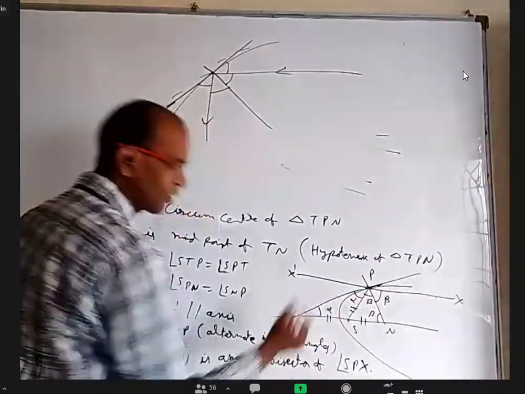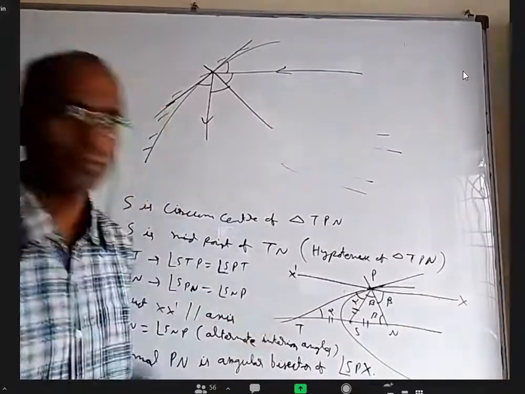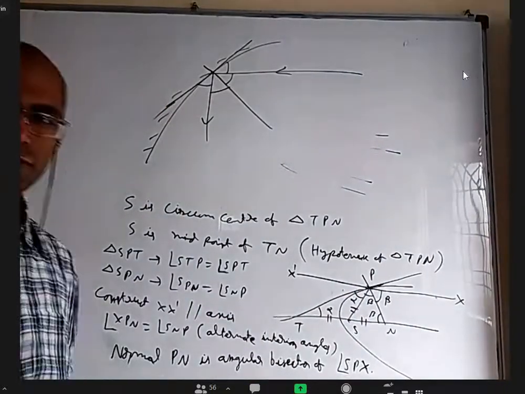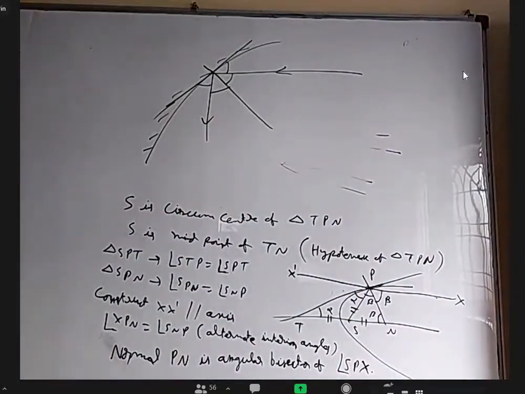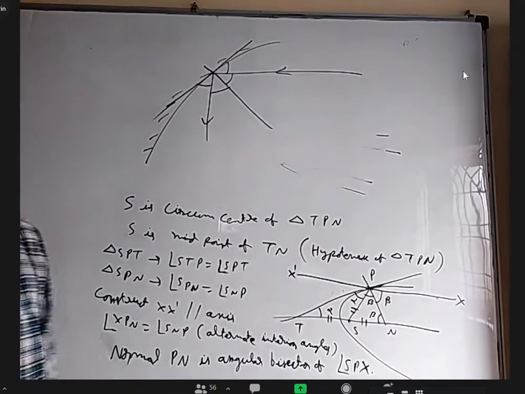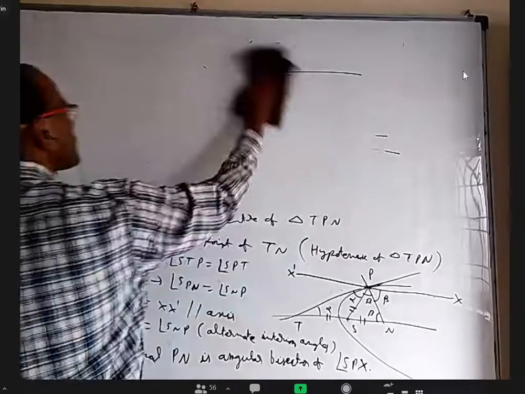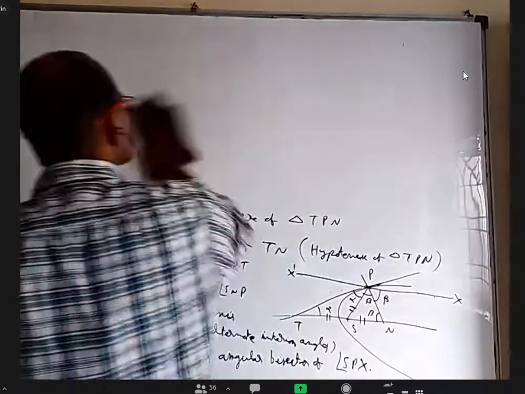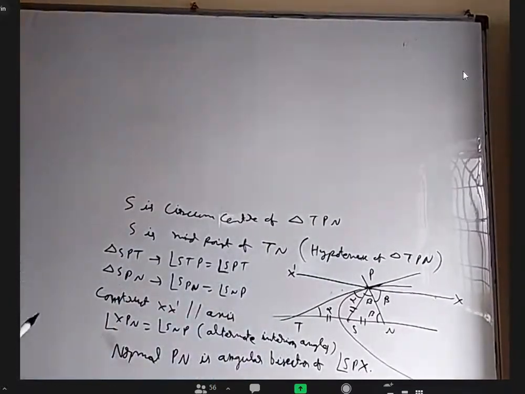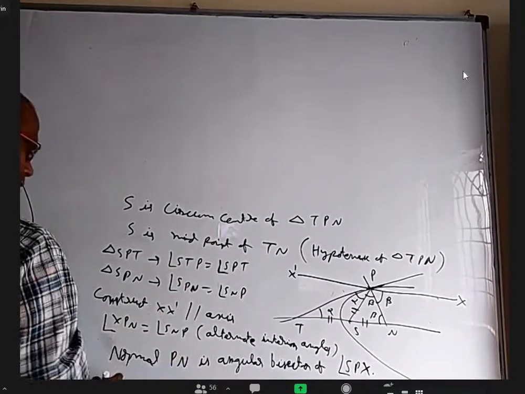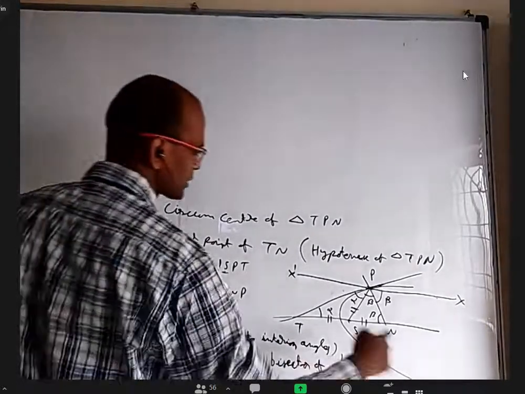After reflection, what is the normal reflected ray passing through? Okay. Focus. So proved. So we proved reflection property of parabola without any assumptions. Okay. So normal PN is angular bisector of SPX.